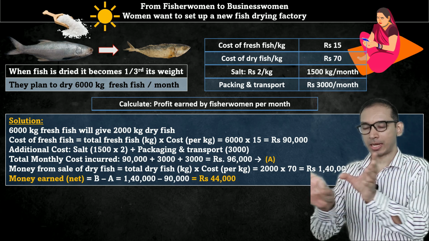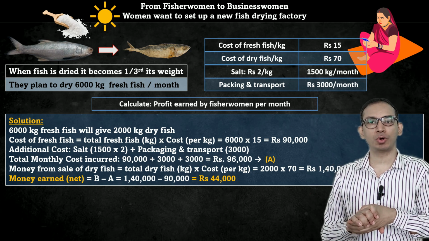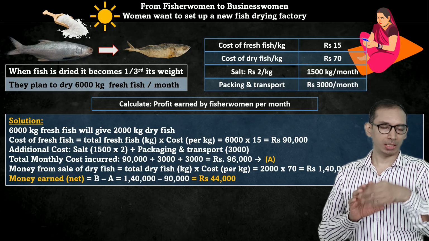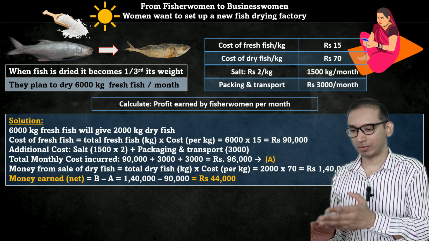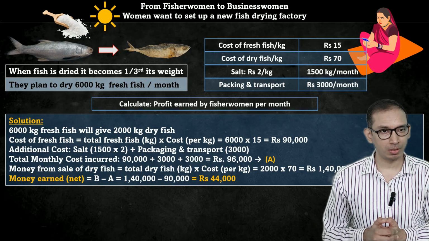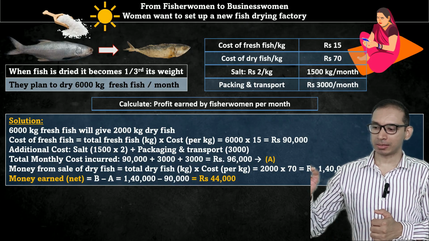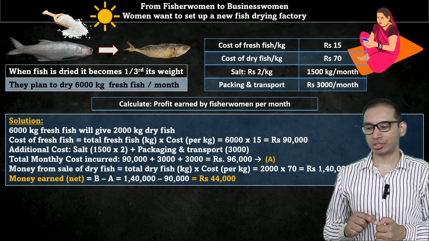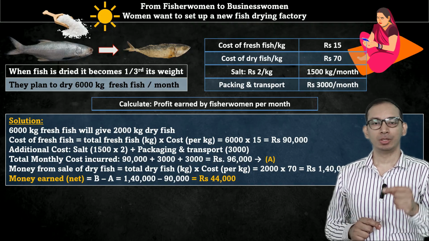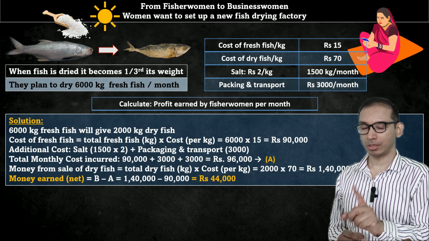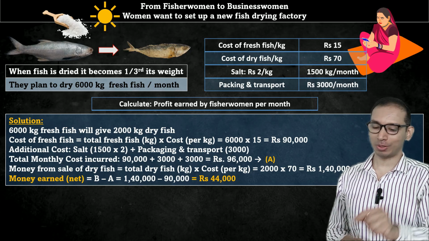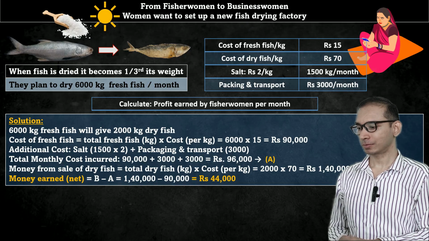Add those together and subtract it from the money that you got from the sales of the dry fish. That's your net profit. So that's going to be 1,40,000 as we calculated in step B, and subtract from that what you got in step A, which is 90,000. So they earned around 44,000 rupees. They stand to earn around 44,000 rupees per month.